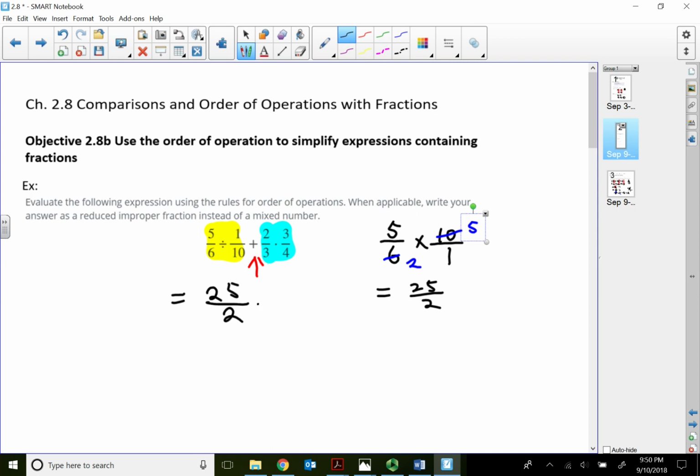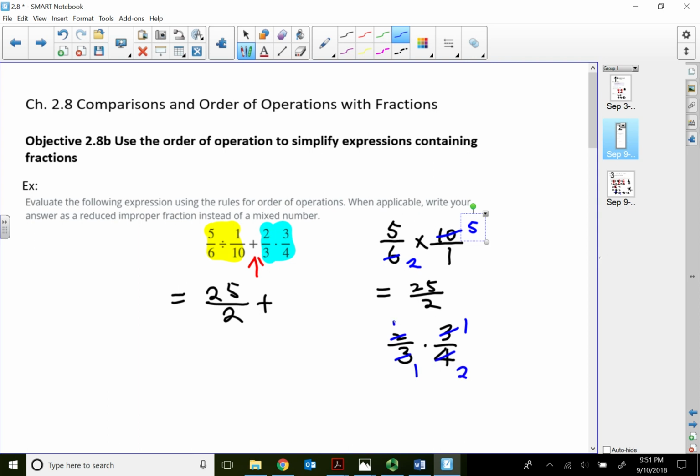Plus. I see my second term highlighted in blue is multiplication of fractions: 2/3 times 3 over 4. I think about reducing top and bottom first before I multiply. 3 and 3 reduced by 3, 2 and 4 reduced by 2.